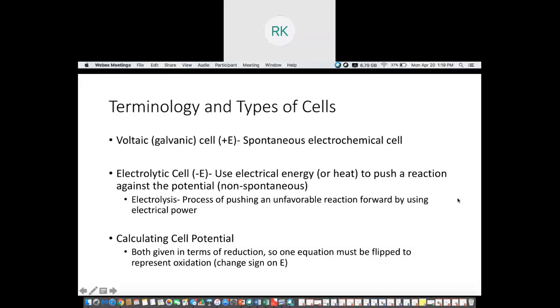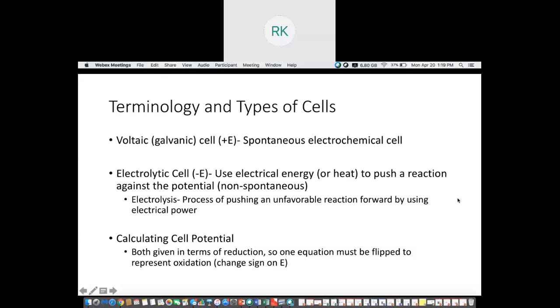Well, when we flip it to oxidation, then it would have a very positive E value, which would help the cell become voltaic, galvanic, or spontaneous, right? Again, all three of those terms meaning the same thing. And so very negative E values in terms of reduction means they like to become the oxidation reaction, right?